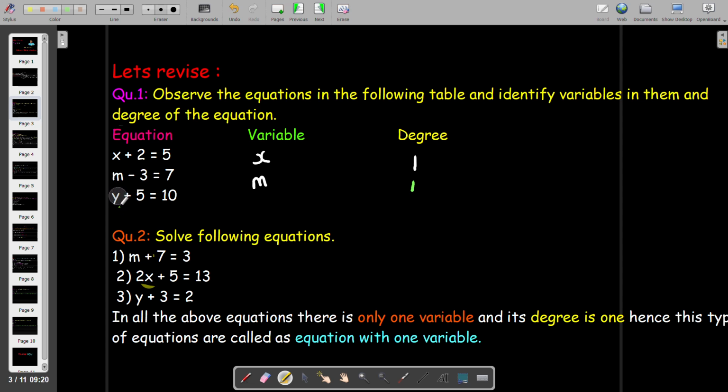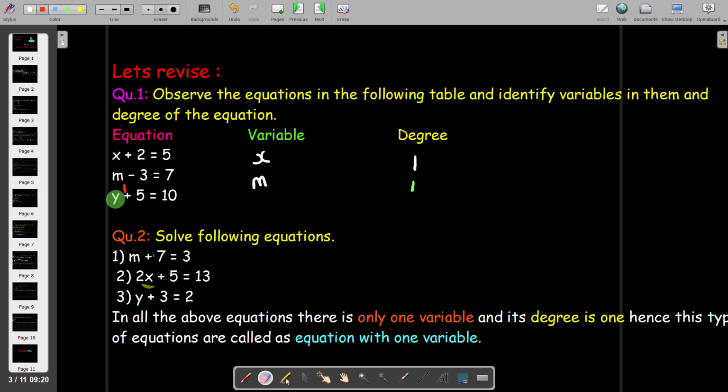Right. y + 5 = 10. In this equation, y is the variable and the power of this variable y is 1. Its degree is 1.